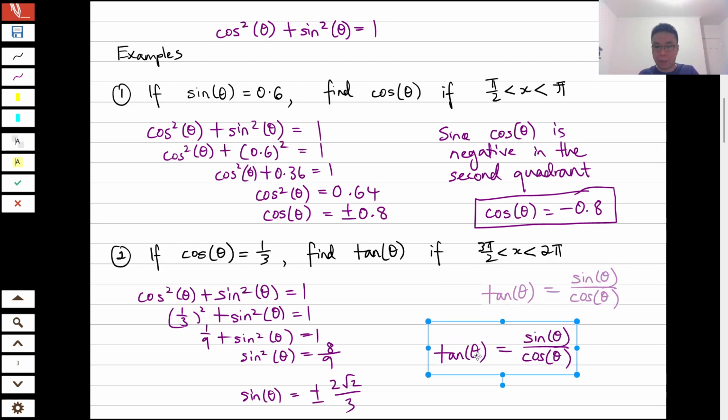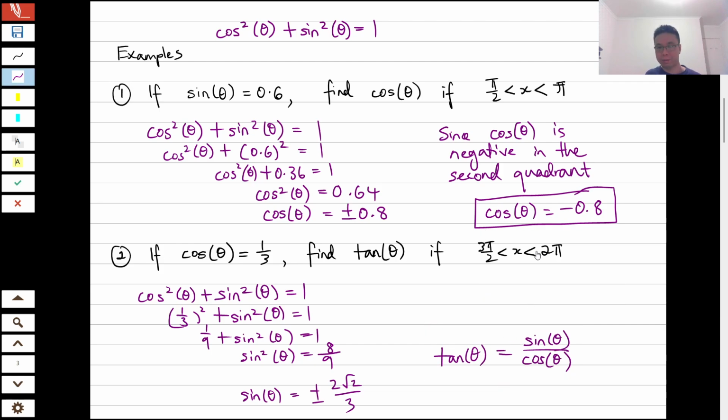Now, we have a situation where our angle is in the fourth quadrant. I think a better way to write this is to just say theta is in the fourth quadrant.